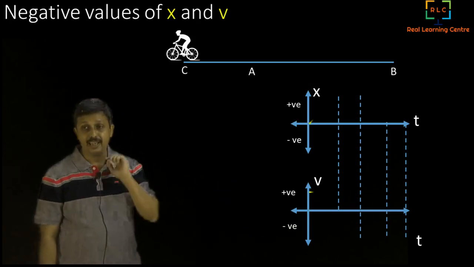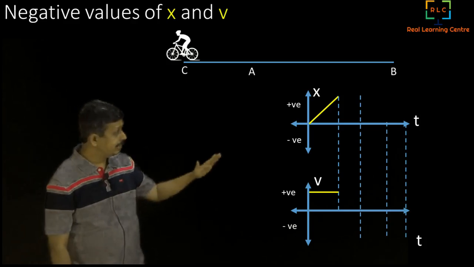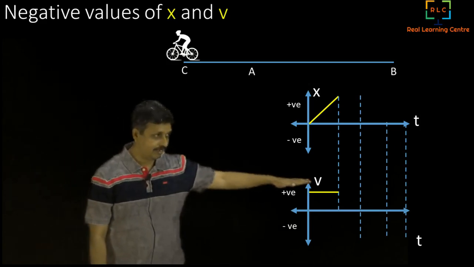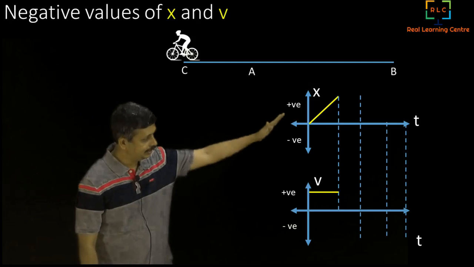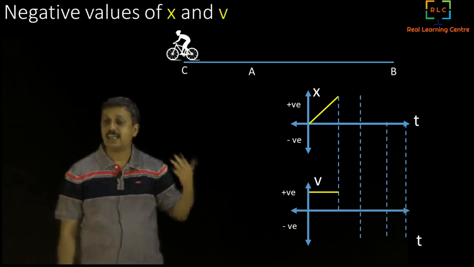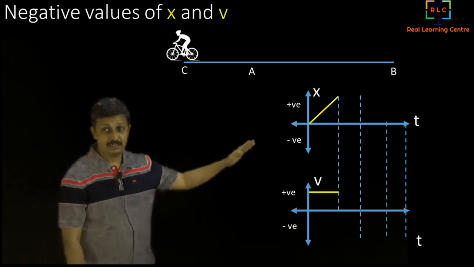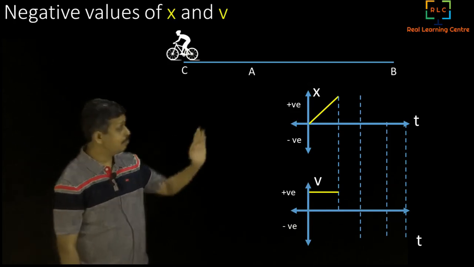So we can say during that time, the xt graph is showing like this and the vt graph is showing like this. This says that it is constant velocity, and this says that displacement is becoming more and more as the time passes in a linear way. So that is the xt, and this is the vt. This is the duration from A to B.